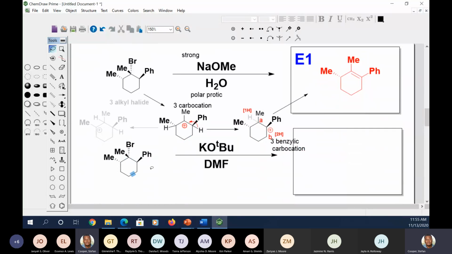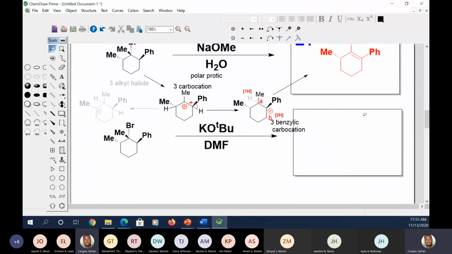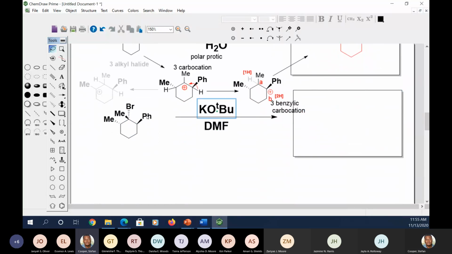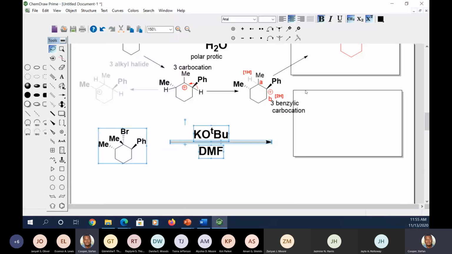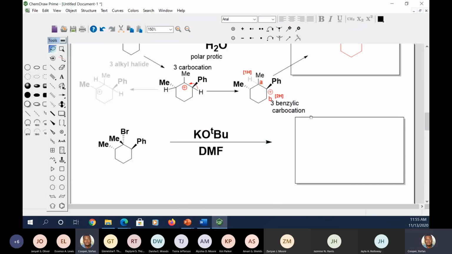And down here, what's going on here with this compound? This is my example with my bulky base, right? So we already established that this was a tertiary alkyl halide.